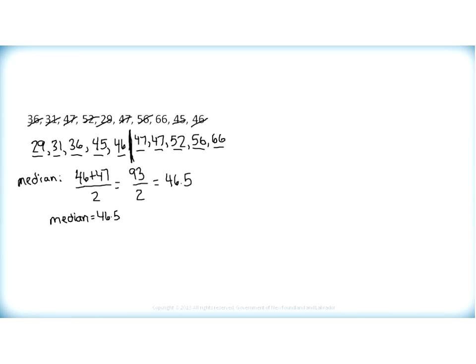What that tells me is that half of my data is less than 46.5, and we can see that's true. We have 5 data values that are less than 46.5, and half of my data values are greater than 46.5, which again I see right here.